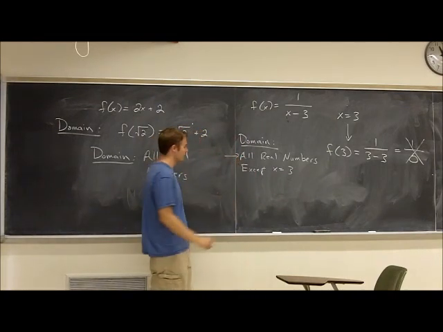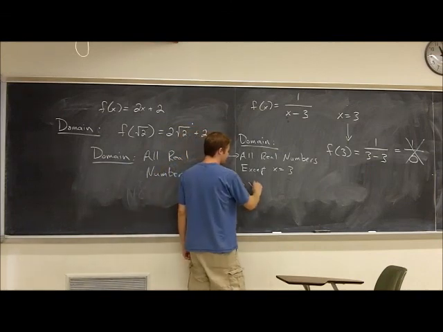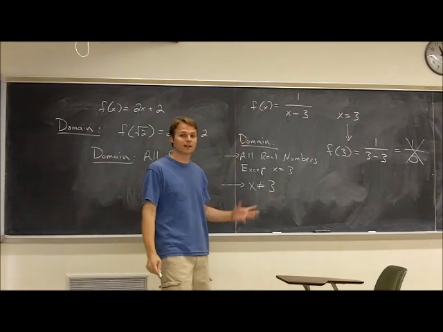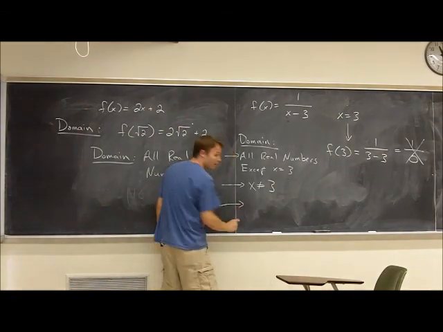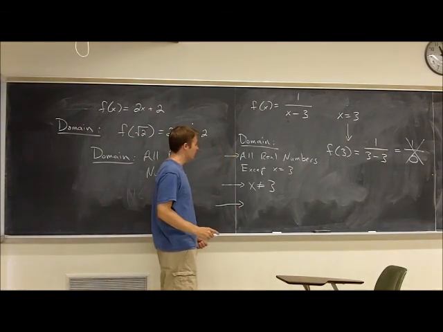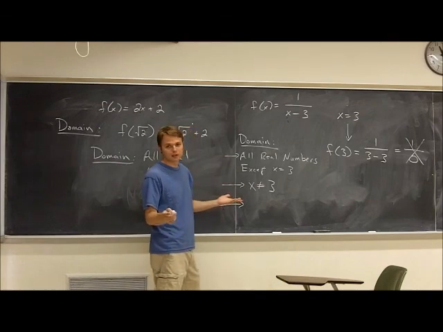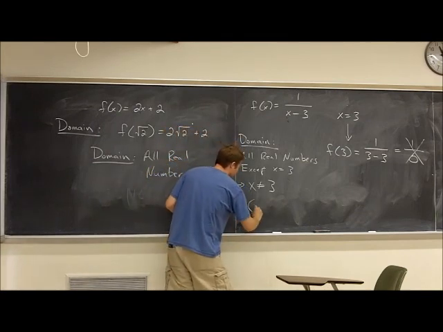This is one way to write our answer. The other way I could have written my answer was simply to write x is not equal to 3. That would be a good way to write the domain, because that tells me that every other number works. Or if I wanted to write it in parenthetical notation, if you haven't been using this, it's fine. But some of you might have been using the parenthetical way of writing this, set notation.